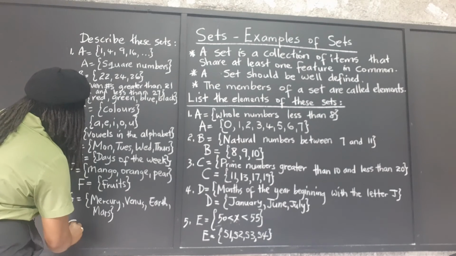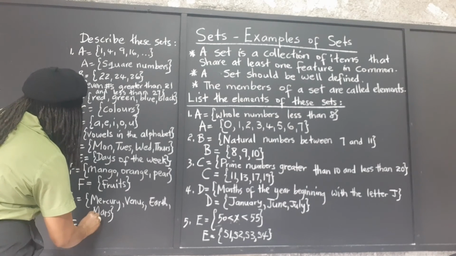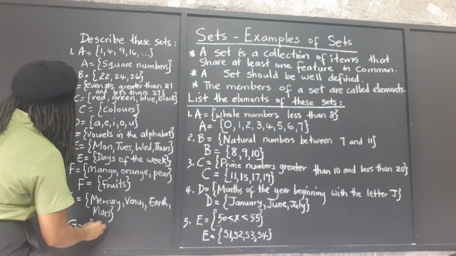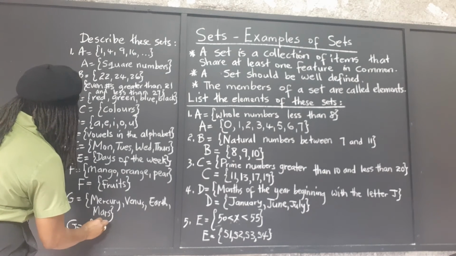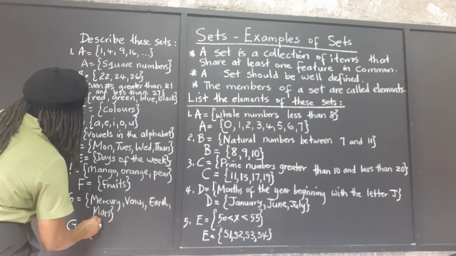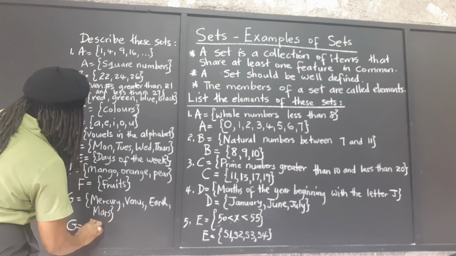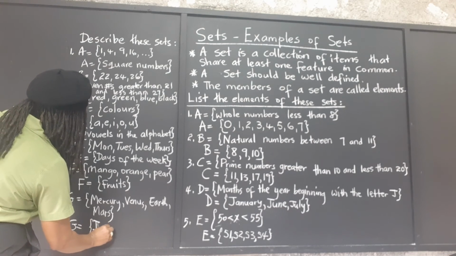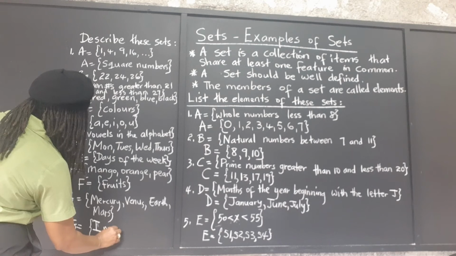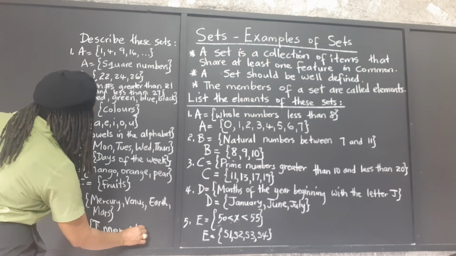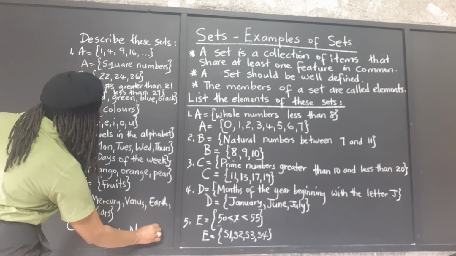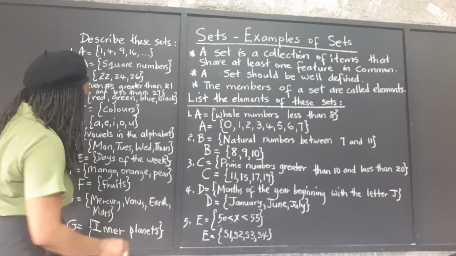We could just put planets in the solar system, but we're going to put inner planets, because we want to show off so others know that we know our science.